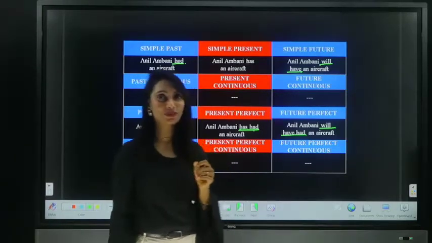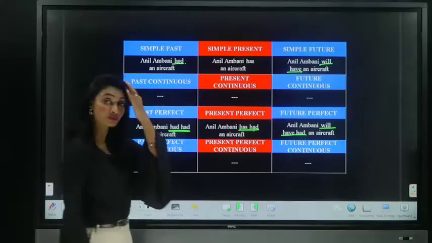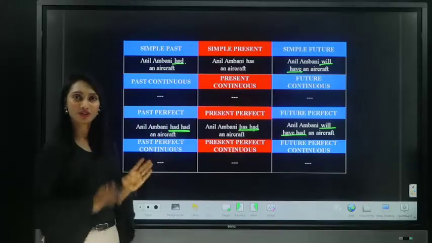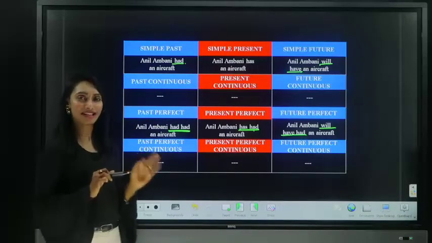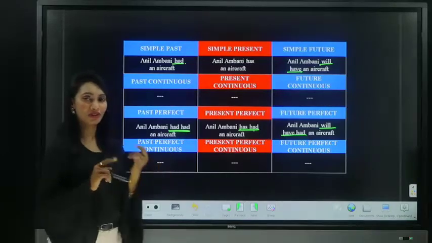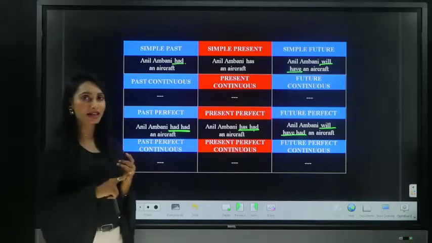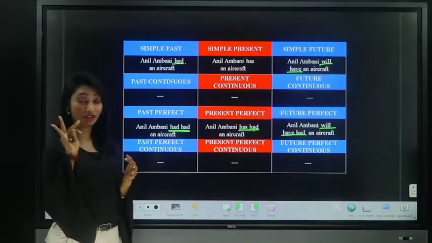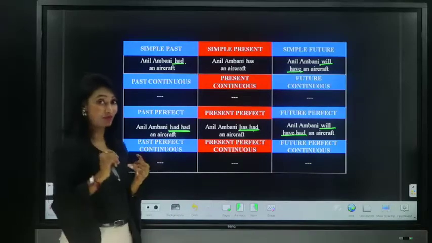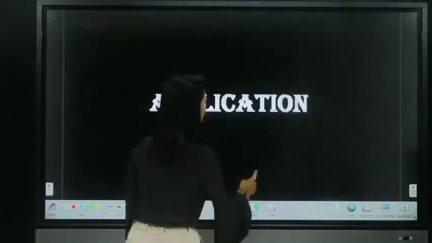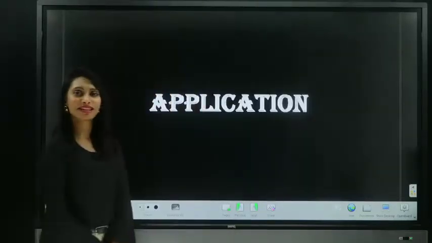Six forms are possible. So that's about verbs of being and having. Now we are completely done with the tenses. We have done present, past, future for three kinds of verbs: action, condition, and possession, in all the forms. Now let's begin application.